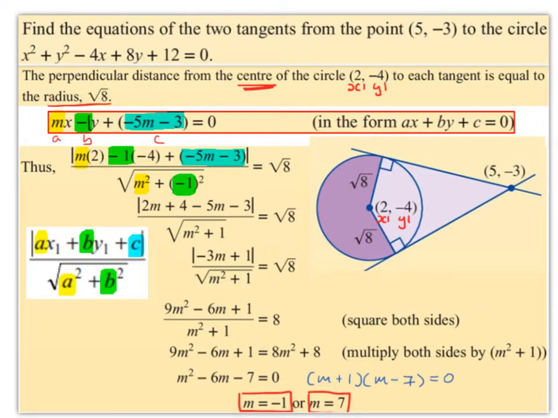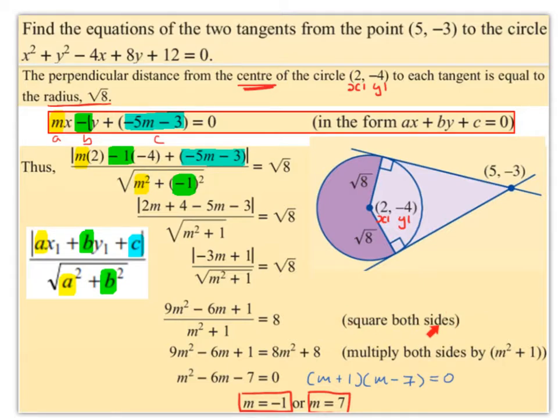So then we simplify. m by 2 is 2m, -1 by -4 is 4, and then we just bring down the -5m - 3. And then we have the square root of m² plus (-1)² which is 1. And don't forget your modulus symbol. So then 2m - 5m is -3m, 4 - 3 is 1, and the square root of m² + 1 just stays as it is.